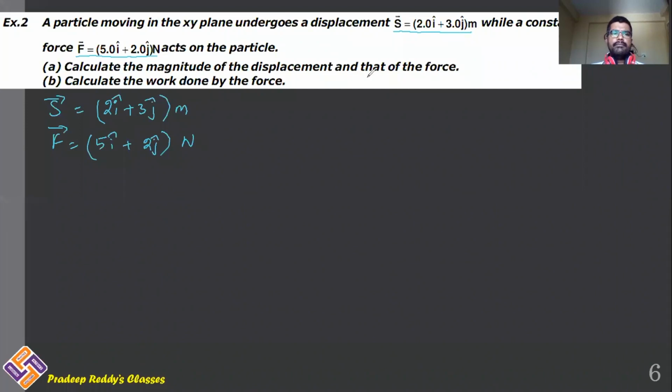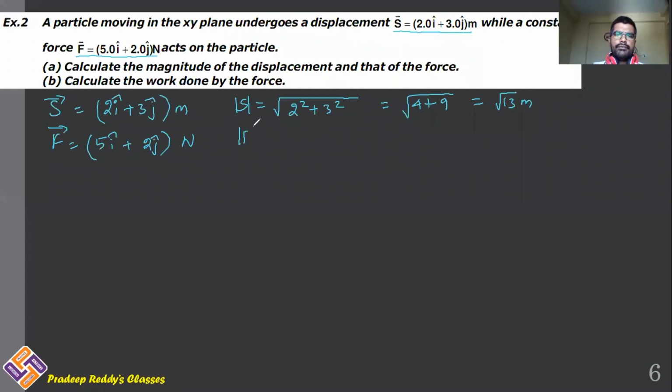This is the applied force. You are now supposed to calculate the magnitude of displacement and that of the force. It's very simple. Displacement magnitude is equal to under root 2 square plus 3 square. 2 square is 4, 3 square is 9, 9 plus 4, it is root 13 meter.